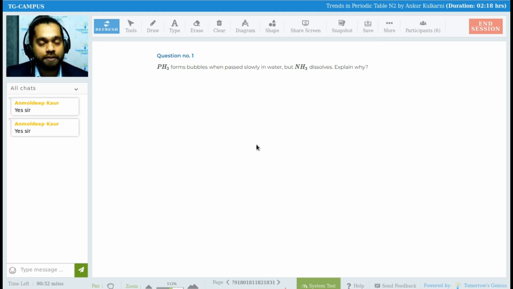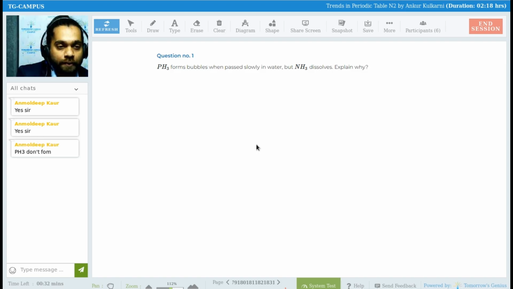Anyone answer for this? Any answer for this? No? Arjuna? Any answer for this? Correct. So ammonia, no. PH3 will not dissolve in water. That is given over here. Why does it not dissolve?